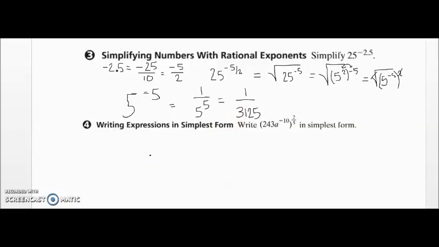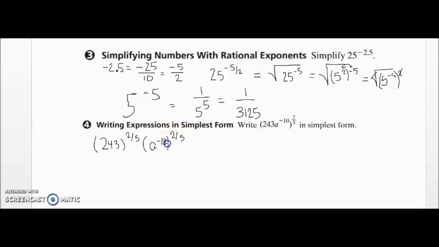Let's take a look at the second one. All right, we're going to take this in 2 separate pieces. We can think of this as 243 to the 2/5 power times a to the negative 10th to the 2/5 power. Let's deal with this real quick. Because for an exponent raised to an exponent, we just multiply these two.